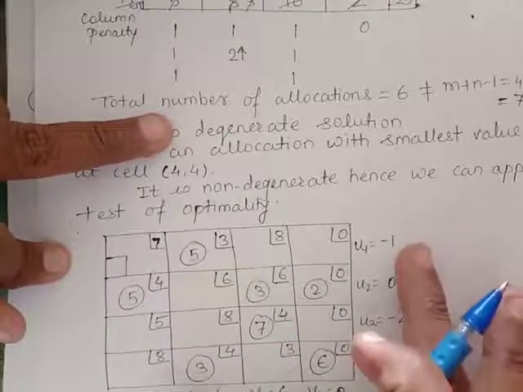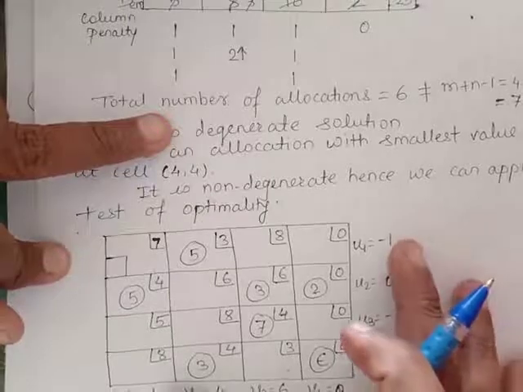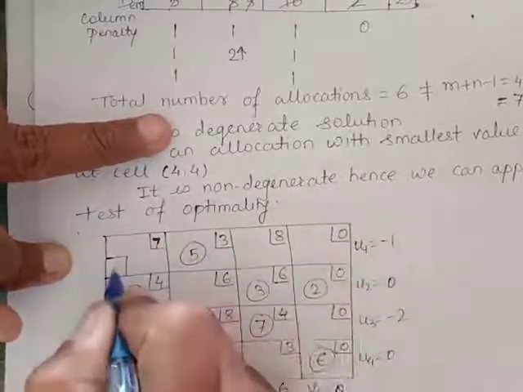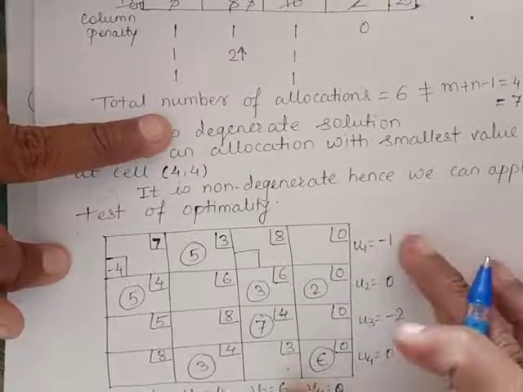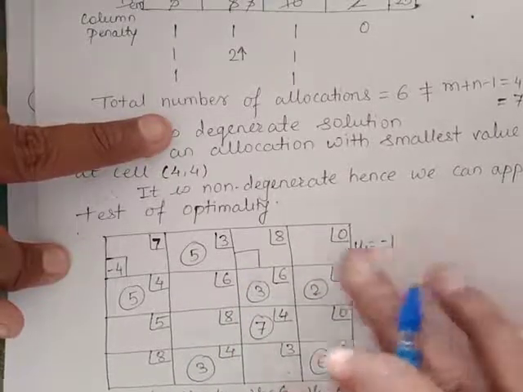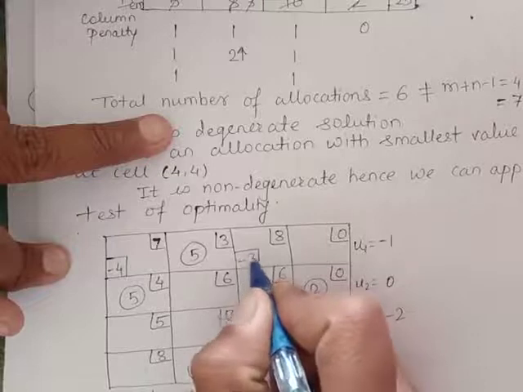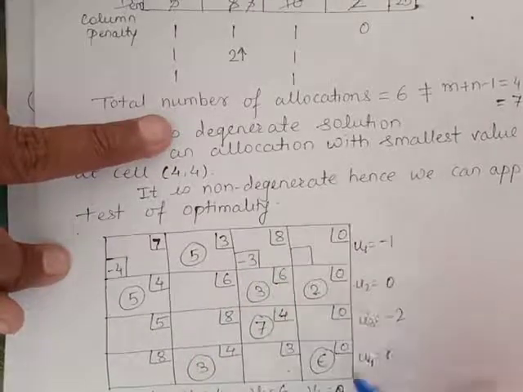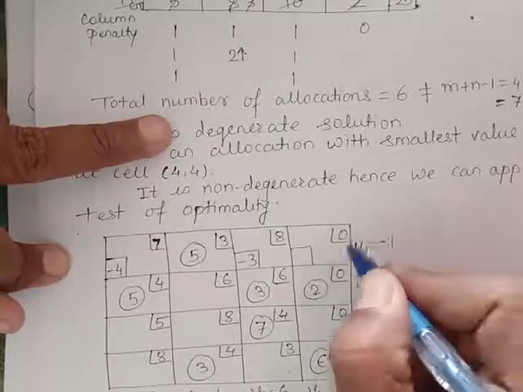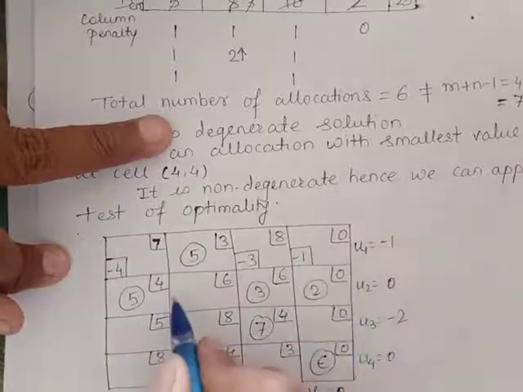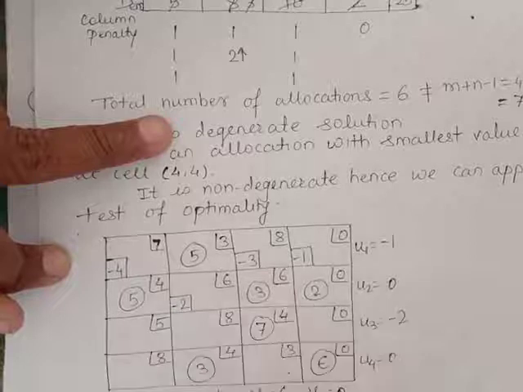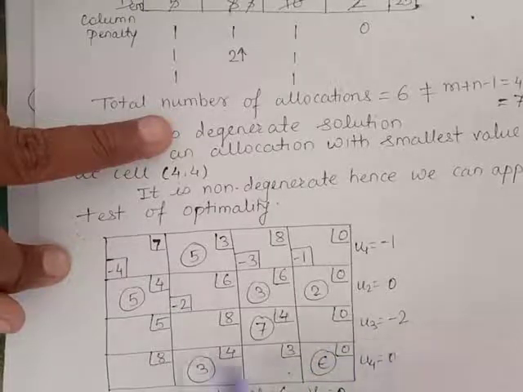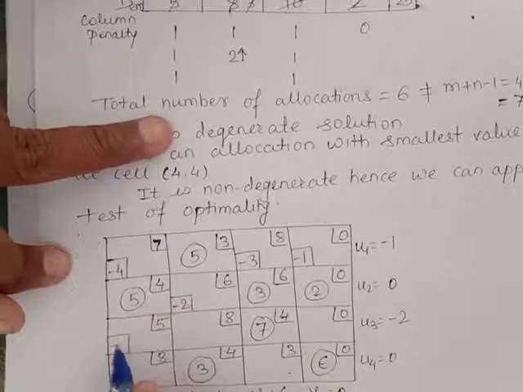Now let's find this delta ij. This is 3 minus 7, so minus 4. What about this? This is 5 minus 8, so minus 3. Here it is minus 1 minus 0, so minus 1 as it is. Here this is 4 minus 6, so minus 2. This is 2 minus 5, so minus 3.